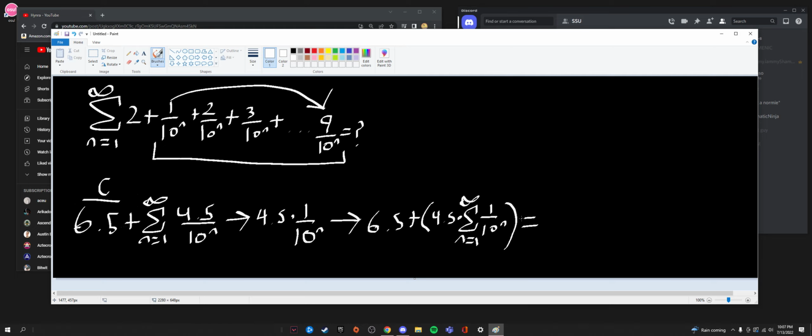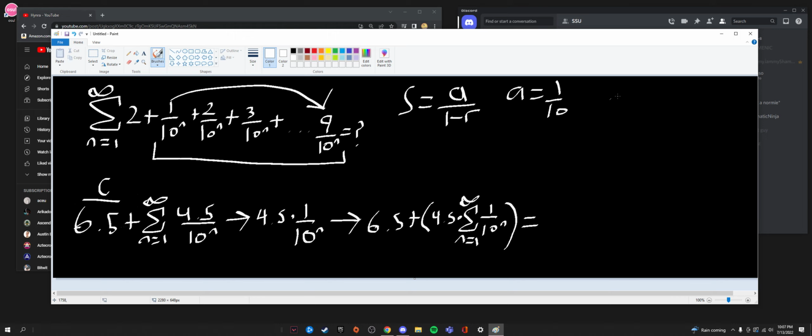So when we plug in 1 to 1 over 10, we get 1 over 10. So I'll write the formula for the geometric series here. S is equal to A over 1 minus R. A is our starting value, our first value. So when we plug in 1, our first value becomes 1 over 10. R is just the common ratio, which is also 1 over 10.